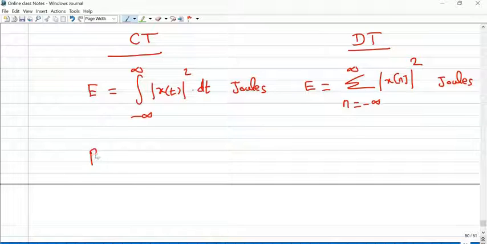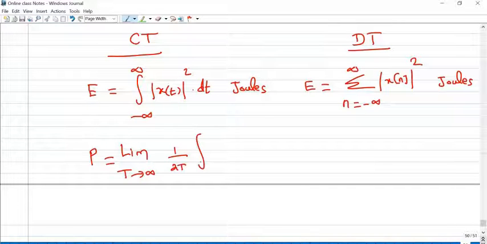The formula for power of a continuous time signal: power equals limit t tends to infinity, 1 by 2T, integration minus T to plus T, x of t whole square dt.